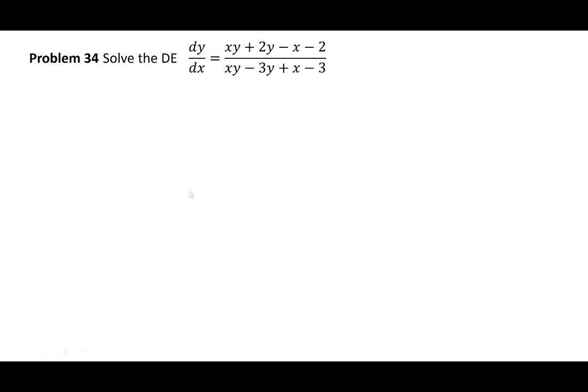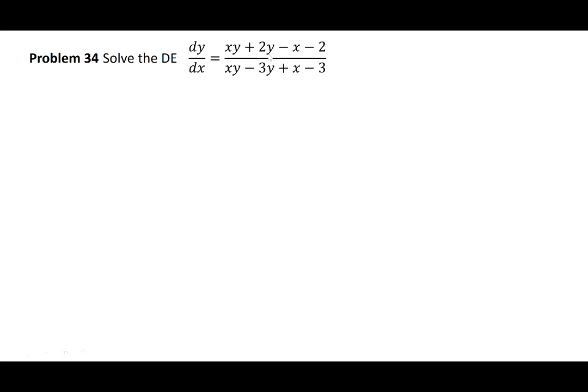Now, I like this one. Whoa. Can we separate x's and y's in this one? Now check this out. Could we factor out on the top from the first two terms?